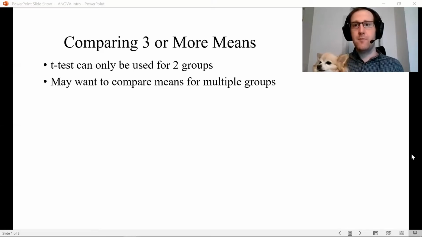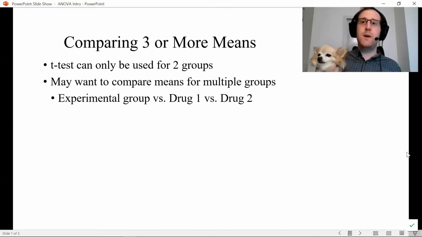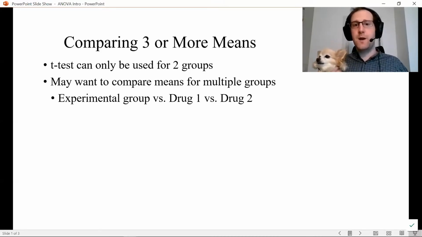So there are, again, going to be many instances where you want to compare more than two groups. You don't want to just collapse those down into two comparison groups. That wouldn't make any sense. So let's say that you're in a situation where you want to compare an experimental group for drug 1 and drug 2 to a control group.